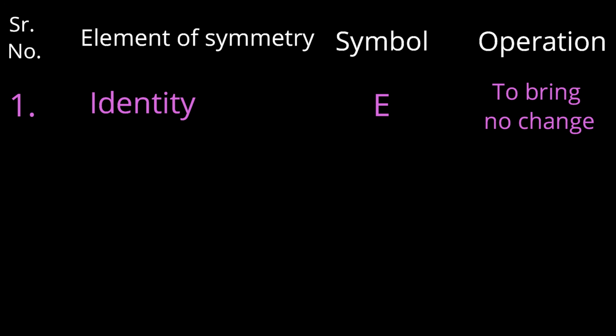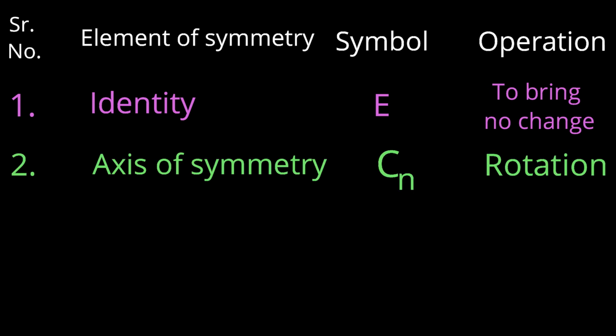First one, identity. It is represented as capital E. And which action is possible? Do nothing, or do such a thing by which the original is restored. It encompasses all points of the molecule and the surroundings of the molecule.